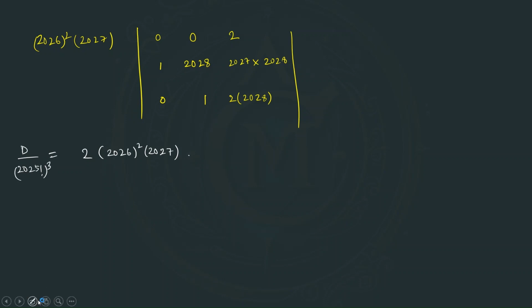Now we are asked to find the remainder when this term is divided by 2025. How can we find that? By applying the property of remainders.